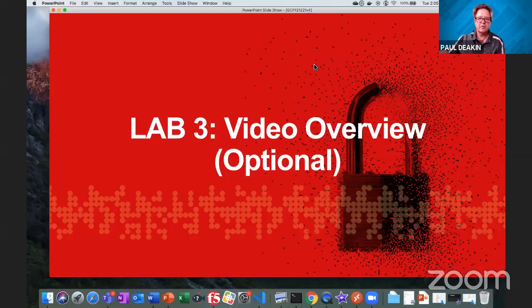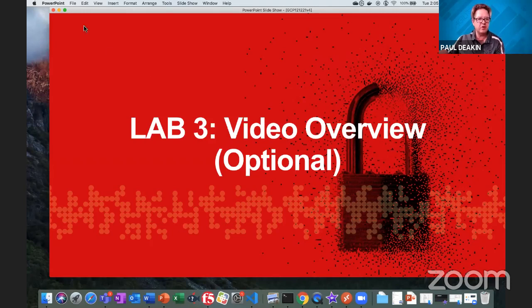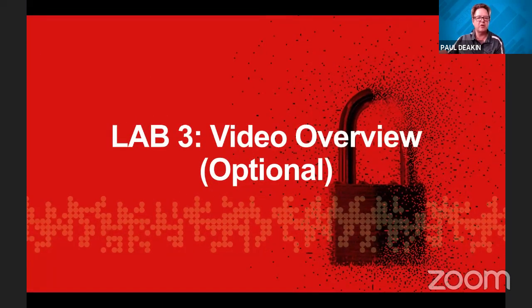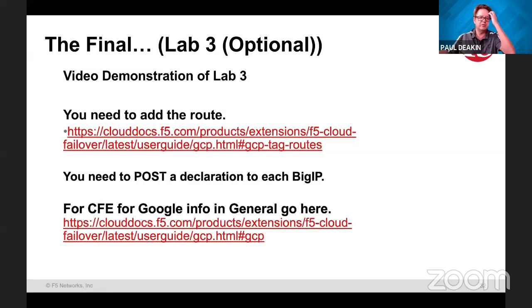You can run through Lab 3, and if you have any questions, you can email myself or San. If you've got questions, give us a call. There's a 2-step process, but the whole idea is to use dynamic routes to move from one big IP to the other.